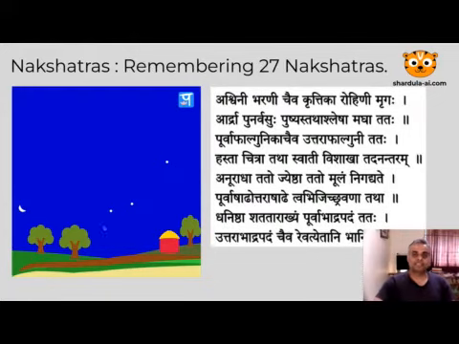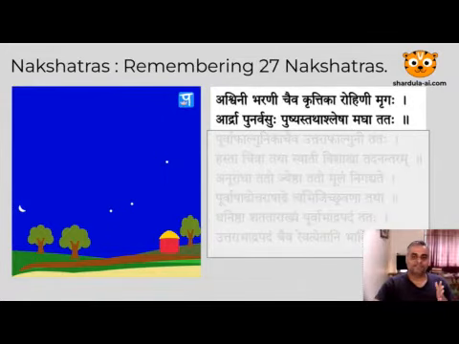Now, how do we remember the 27 nakshatras? Can we remember it as Alpha Arietis, Beta Arietis, Gamma Arietis, and so on? In Indic astronomy, we have kept beautiful names like Ashwini, Bharani, etc. And this is a shloka which can be sung as a song, and with this song we can remember all 27 nakshatras.